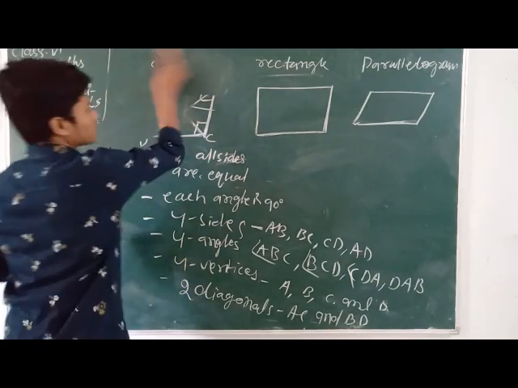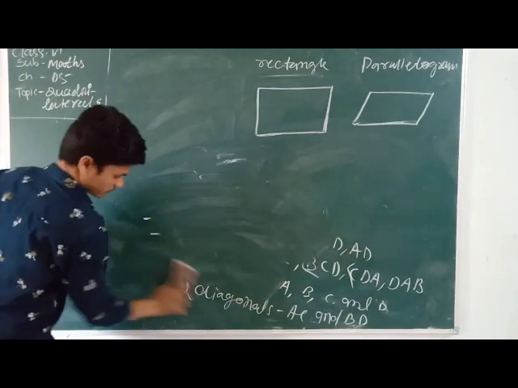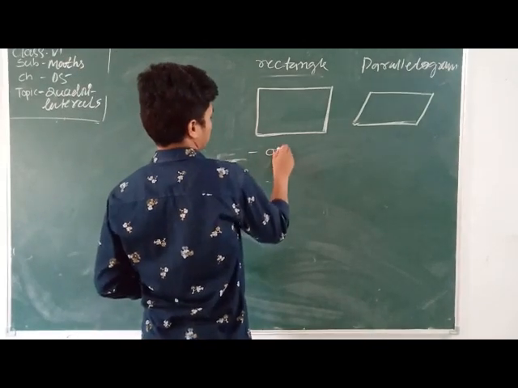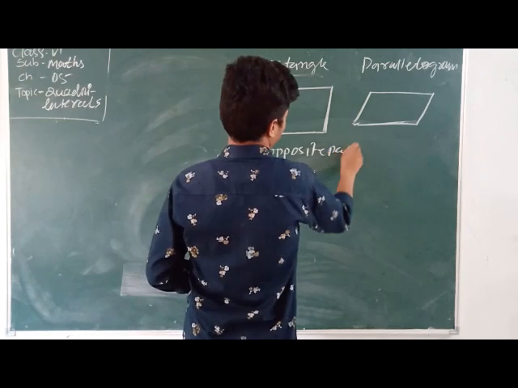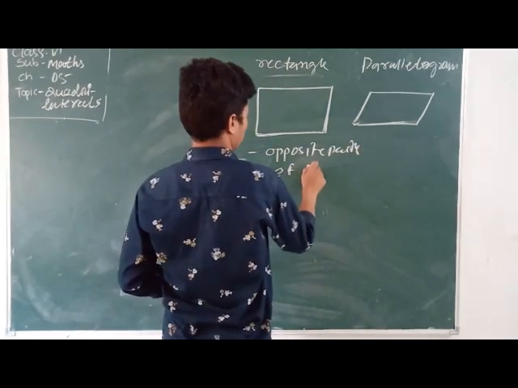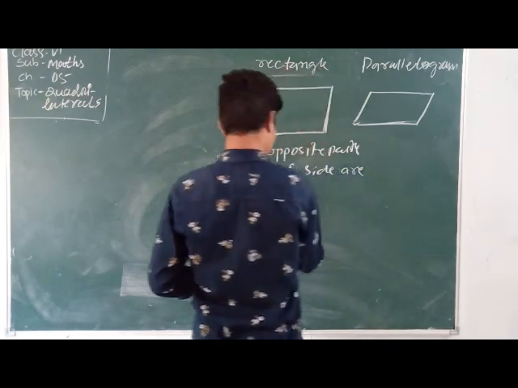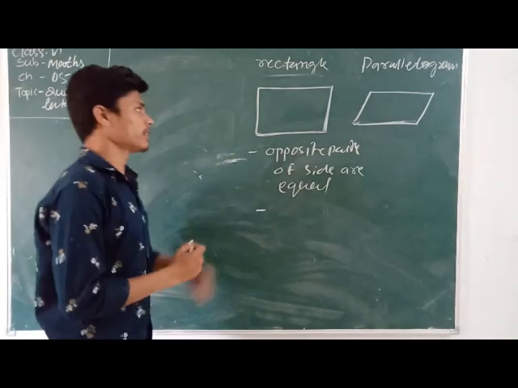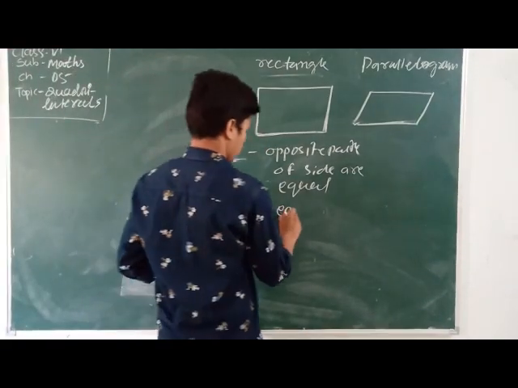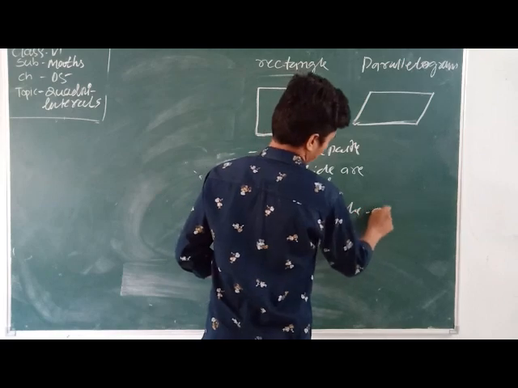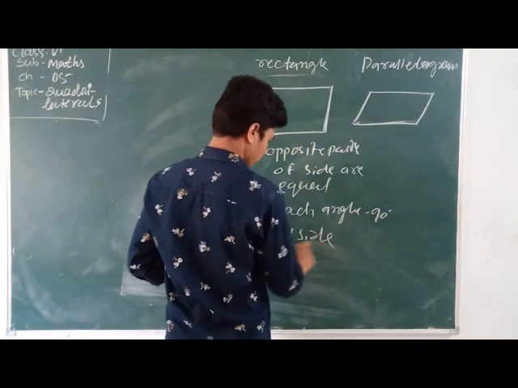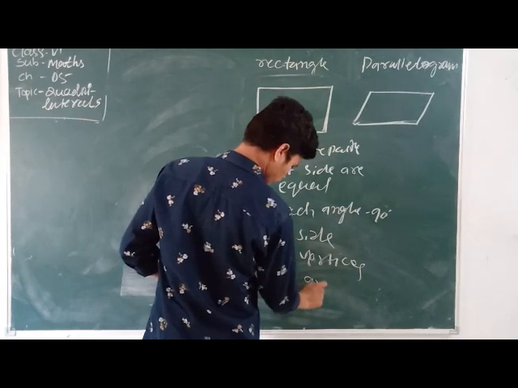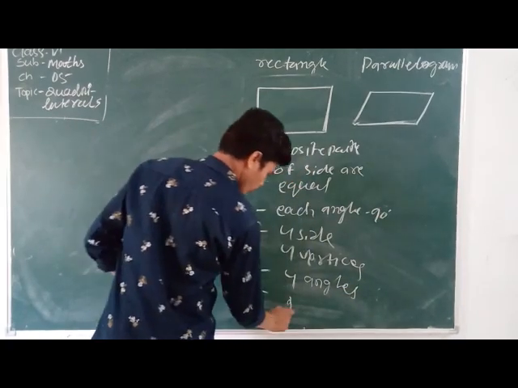Now the rectangle has four sides, each angle measures 90 degrees, four vertices, four angles and two diagonals.